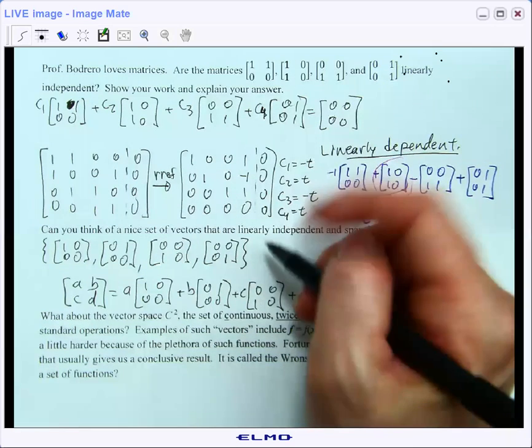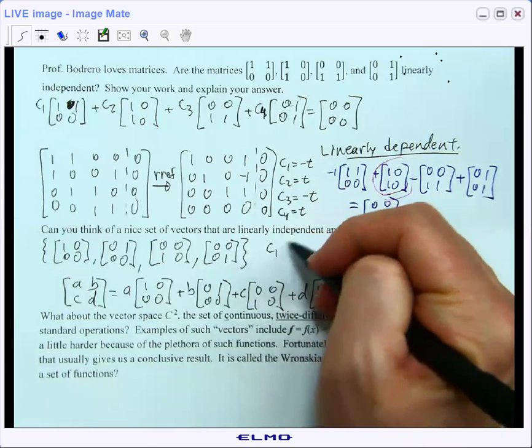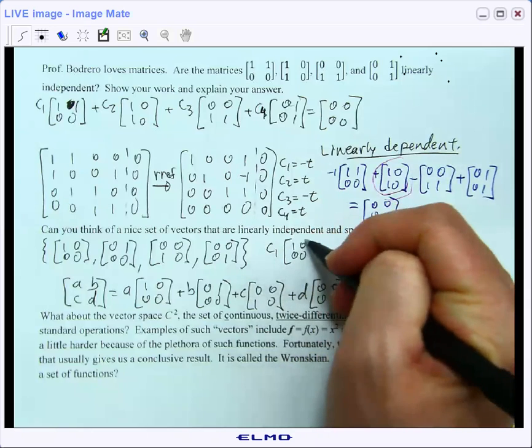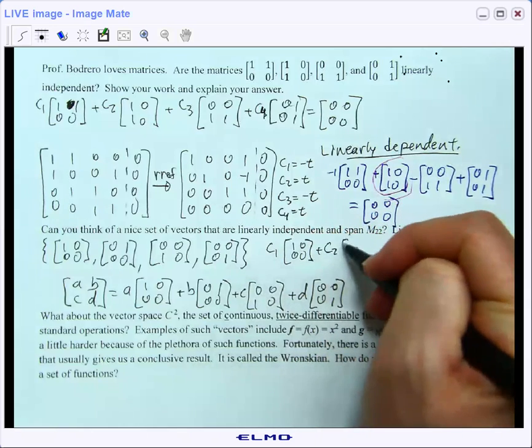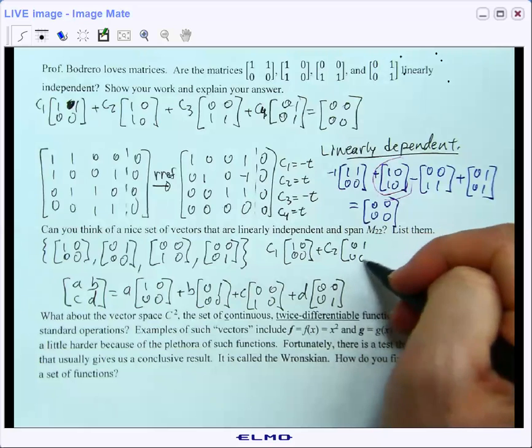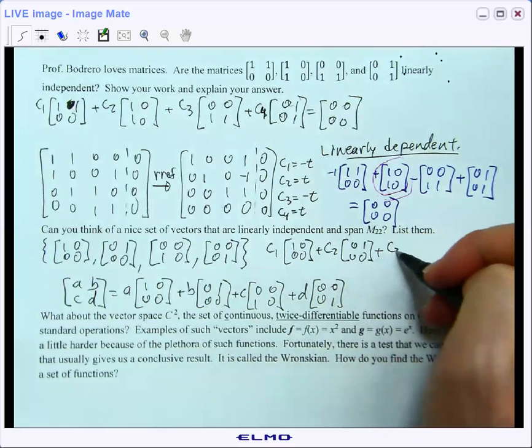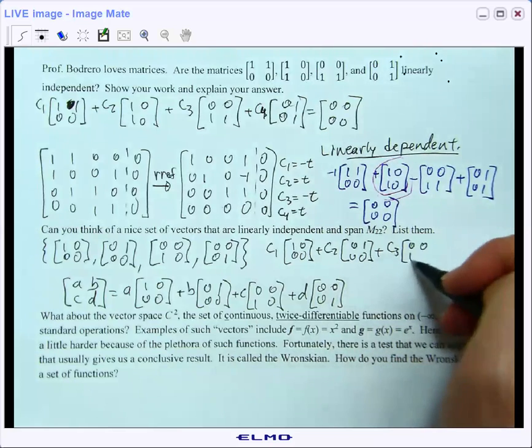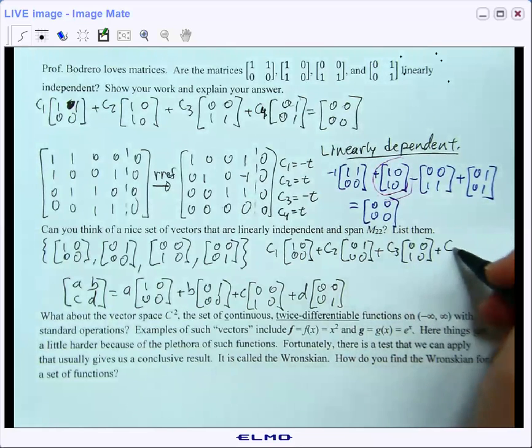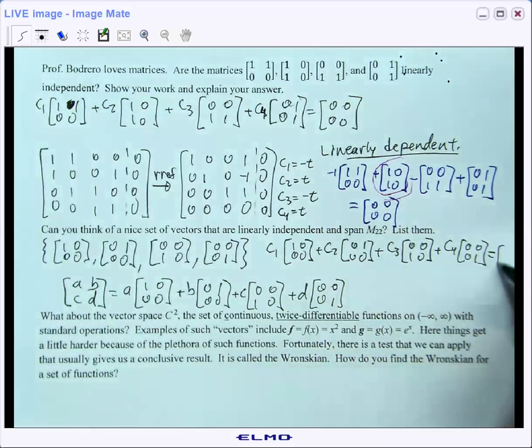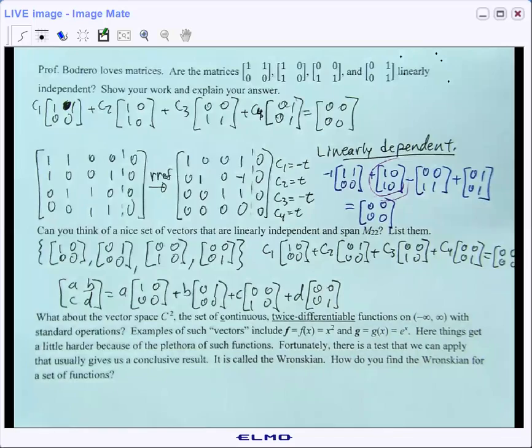So if I try to do a constant multiple of the first one plus some other constant multiple of the second one, so I set up the definition of linear independence and set that equal to the 0 vector, which under standard operations would be the 0, 0 matrix.